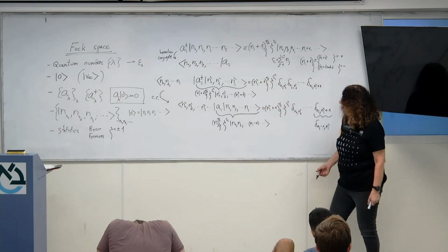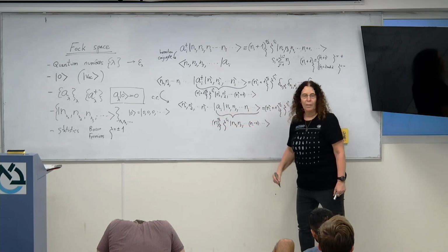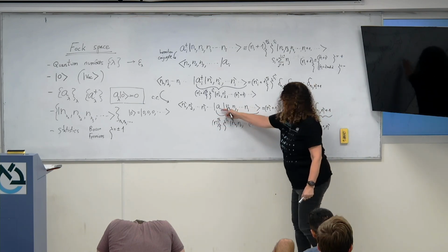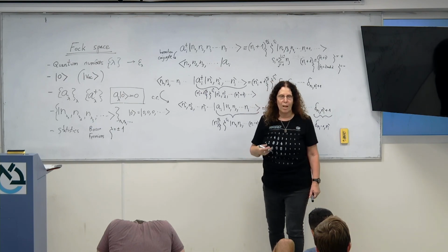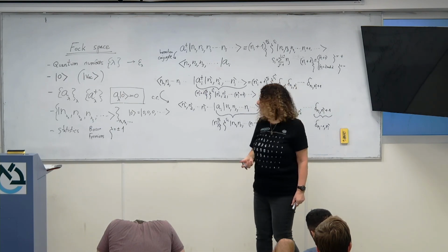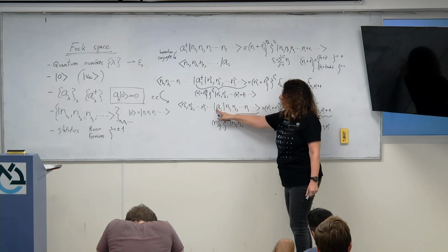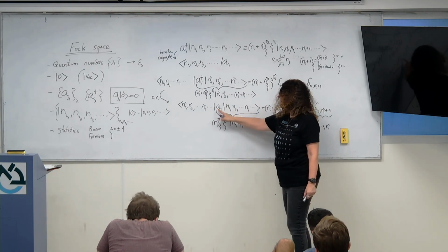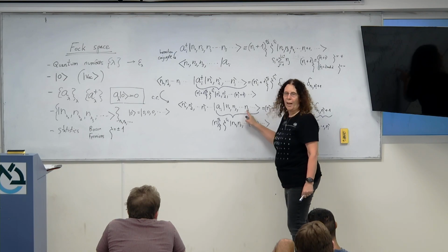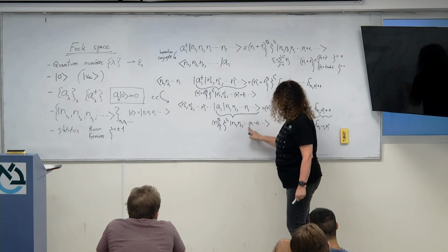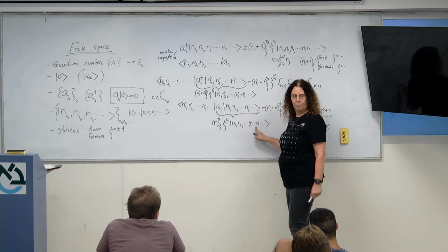So you see, what did I get here? An equation just like the one on the top, which dictates what the annihilation operator does, and we see that indeed it's an annihilation operator because it acts on a state with occupation Ni and reduces it by 1.